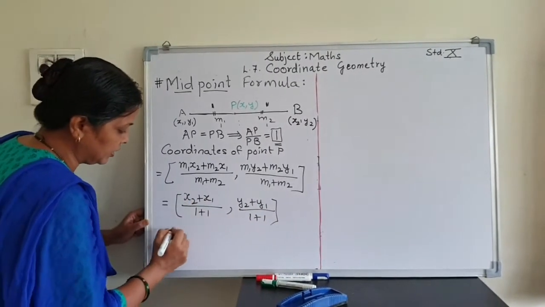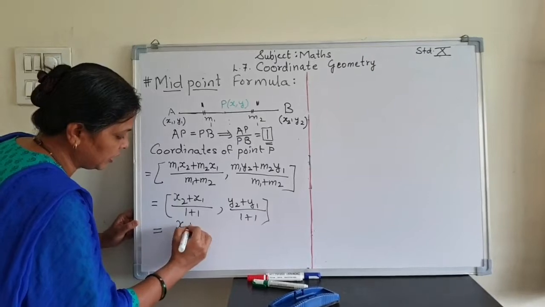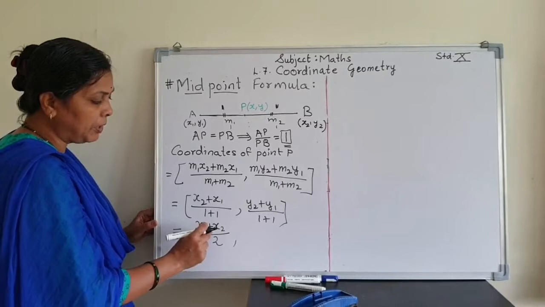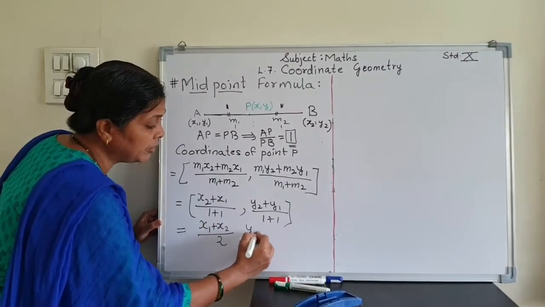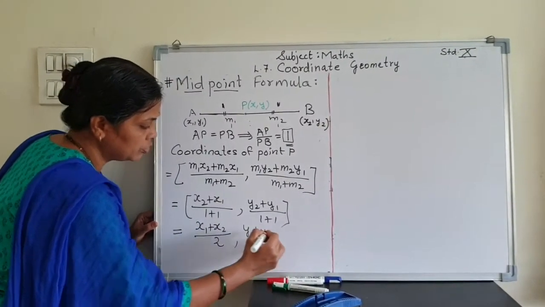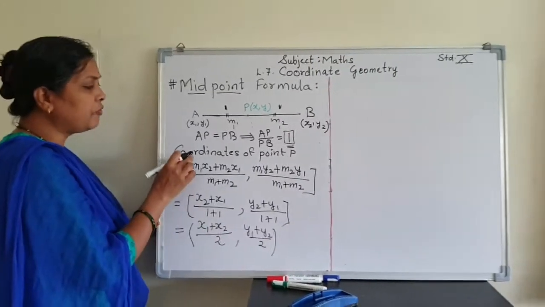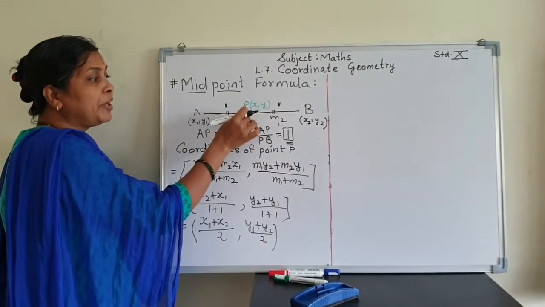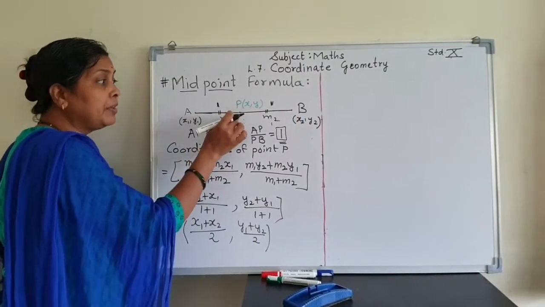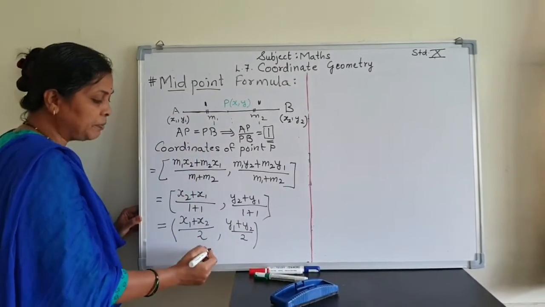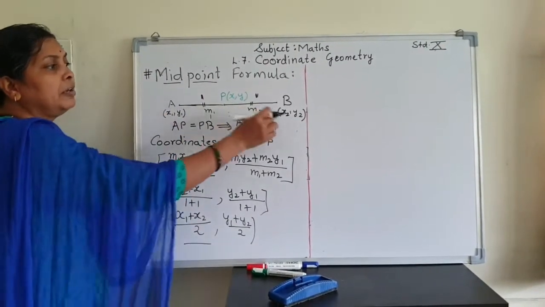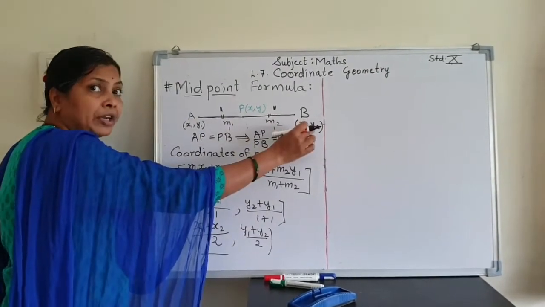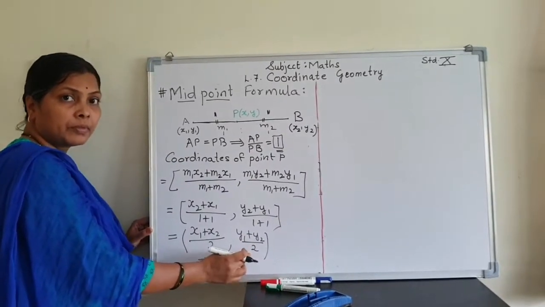Finally, we can change the order of x1 and x2 and write x1 plus x2 and y1 plus y2 upon 2. So these are the coordinates of P which divides the line segment equally. That is, P is the midpoint of AB. The coordinates of midpoints we get by this formula, that is (x1 plus x2) upon 2, (y1 plus y2) upon 2.